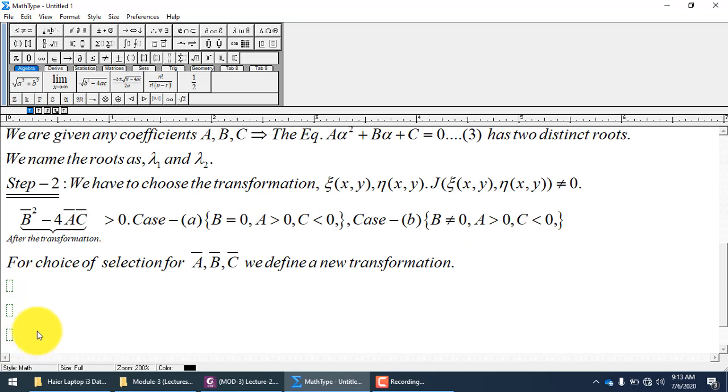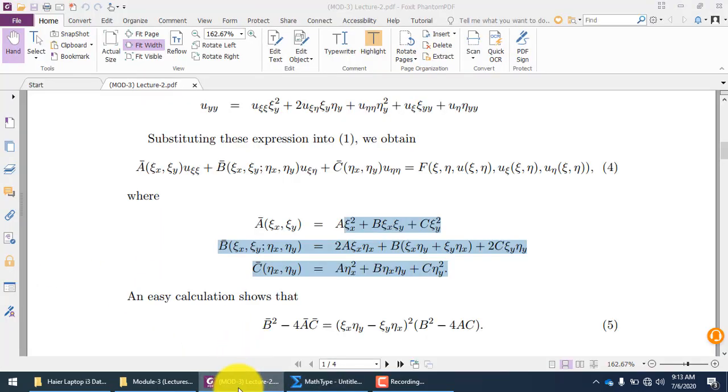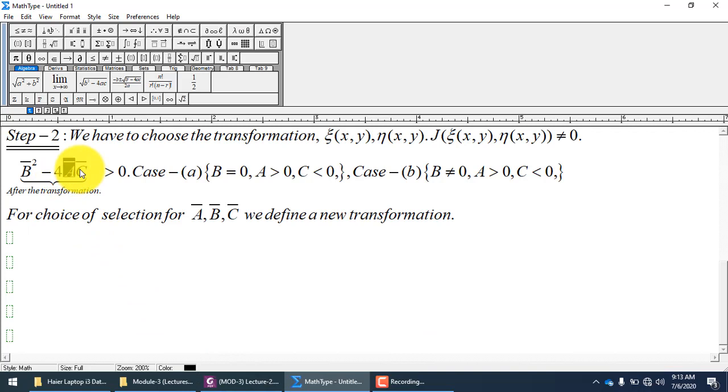But the choice which you are going to select is very easy, because if A bar is 0, C bar is 0 and B is non-zero, then that discriminant will always be positive. This is the natural choice of A bar, B bar and C bar.